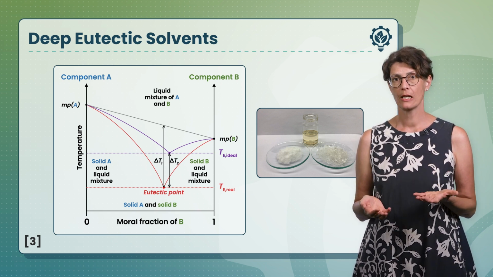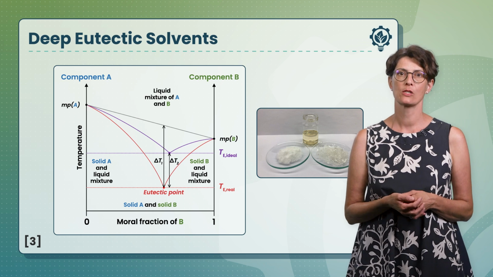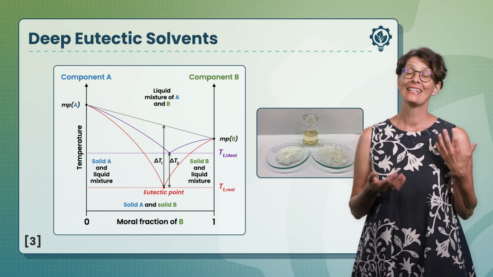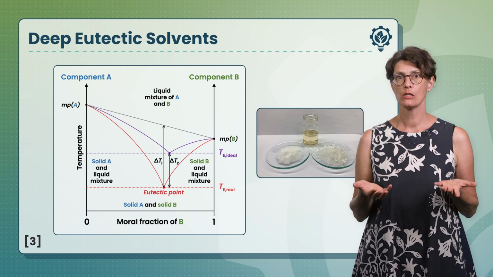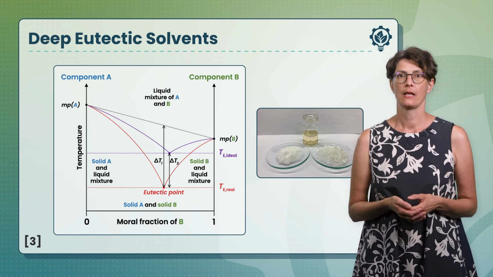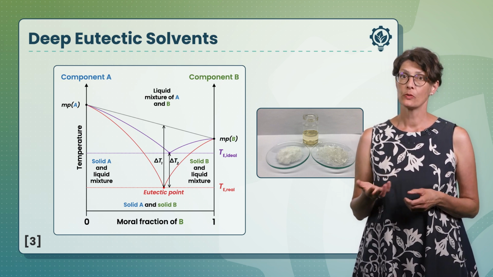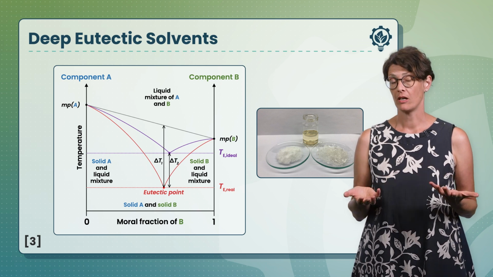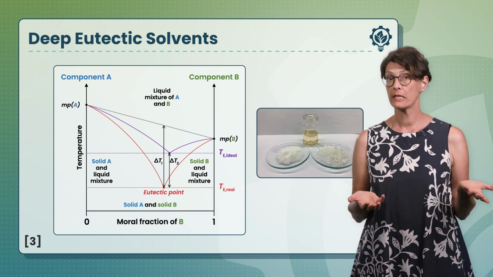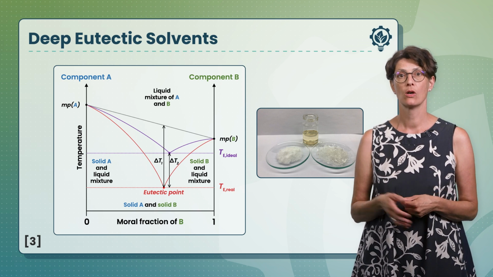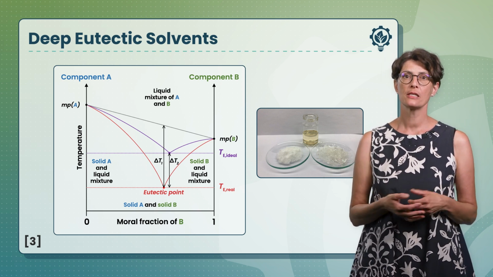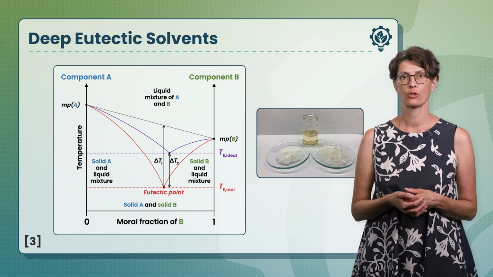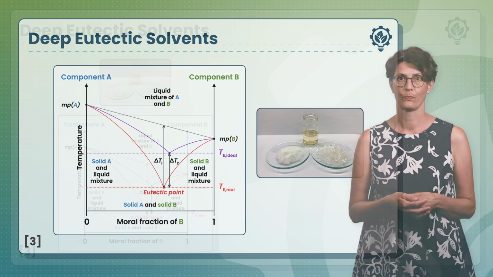Both hydrophilic and hydrophobic deep eutectic solvents are developed, and it is clear that the applications for these two are different. Some substances deep eutectic solvents can be made of are betaine, which is extracted from sugar molasses, or glycerol, which is a side product of biodiesel production, to name just two.